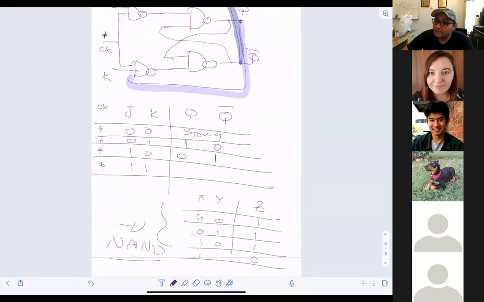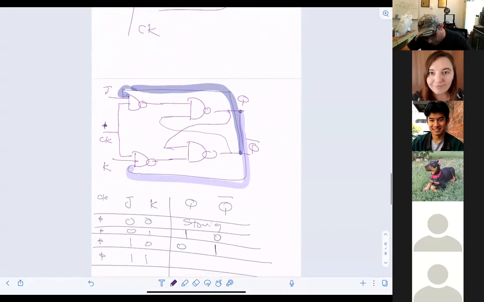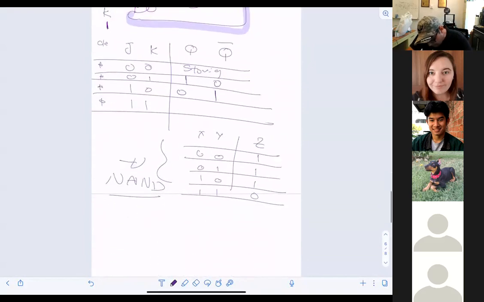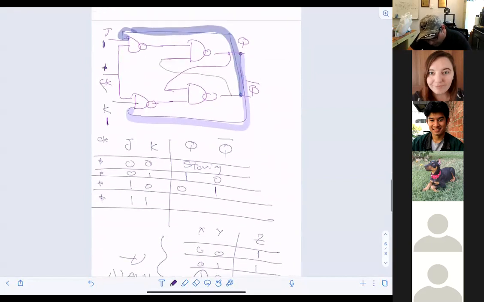Now we're gonna check what will happen in 1, 1, which is really crazy. Okay, let's see. Now I have here 1 and I have here 1. Okay, so the tool said if I have 1, basically I'm flipping. Do you agree? So I have here 1, I have here 1, and the clock also 1. So who will be flipping? The third one.